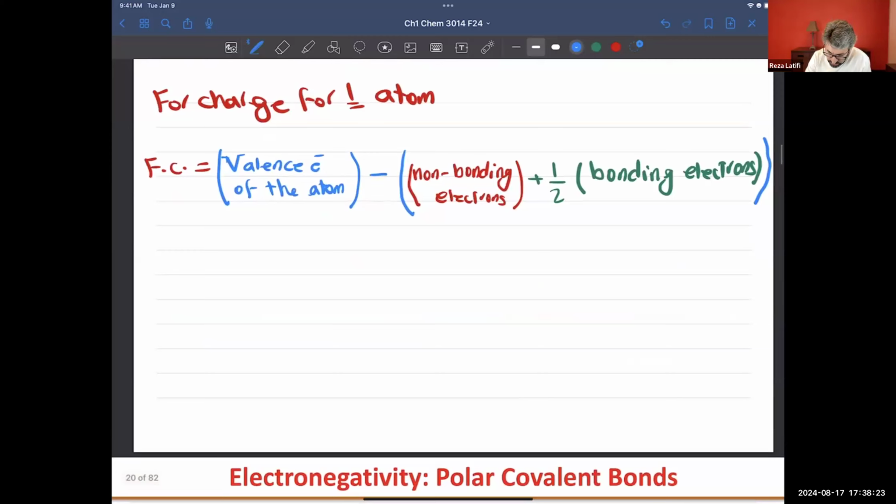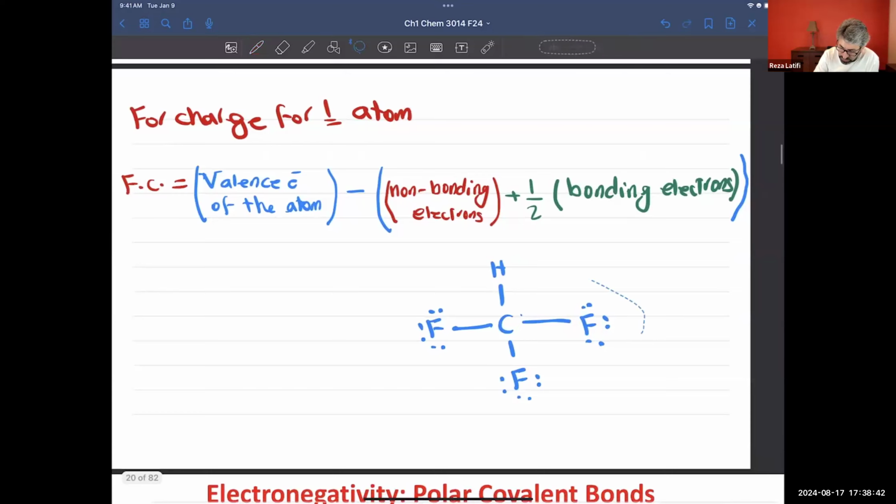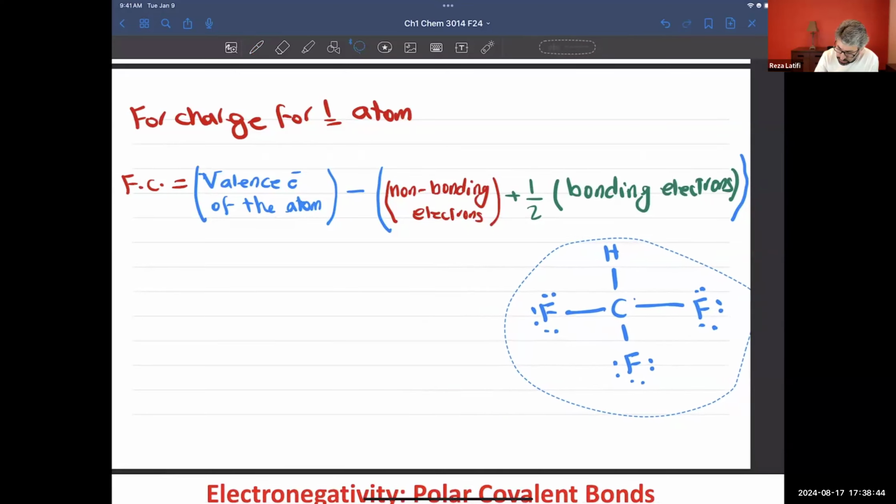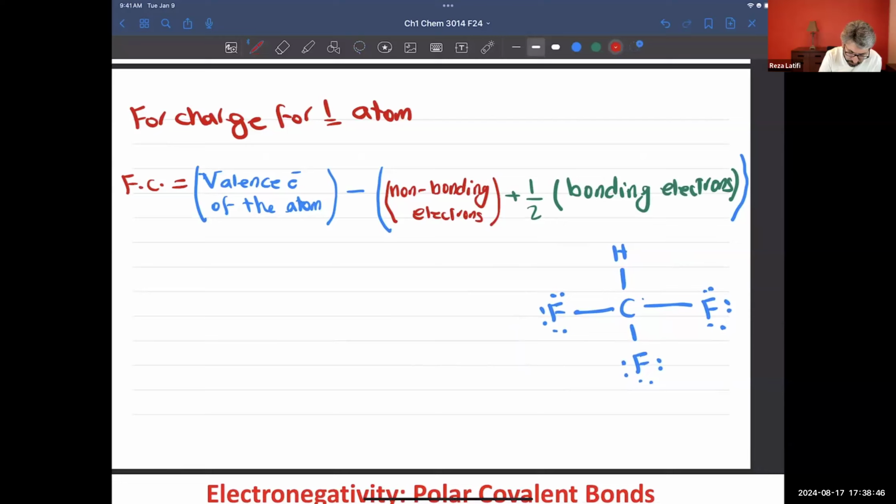So this is the structure that we have. We have carbon attached to hydrogen and 3 fluorines. Each fluorine has 3 lone pairs. Let's practice the formal charge for any of these atoms, and I'm going to start with hydrogen. Formal charge for hydrogen is equal to, what's the group for hydrogen?